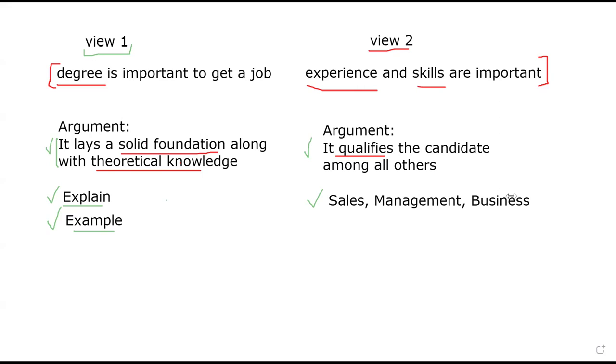So very first sentence again. First, don't forget to include the view. So you also write like people think that degree is important because, and then your argument. And then I'm not sure if we can start a sentence with through it.